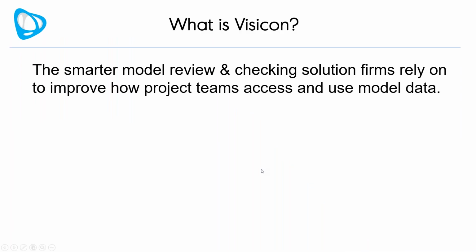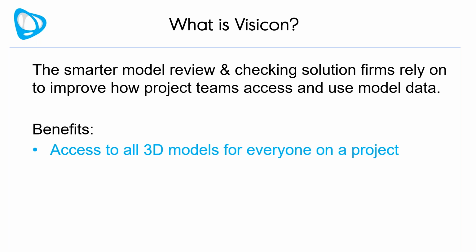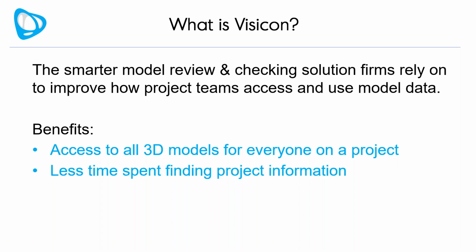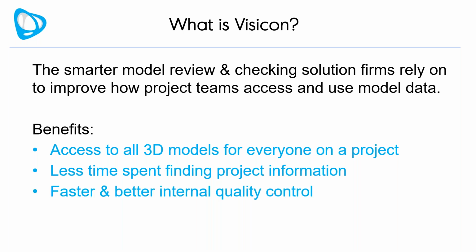Let's start out with just talking about what is Visicon. Visicon is the smarter model review and checking solution firms are relying on to improve how project teams access and use model data. So what are some of the benefits they're deriving? First of all, it gives access to all 3D models for everyone on a project. It allows for less time spent searching for critical project information.